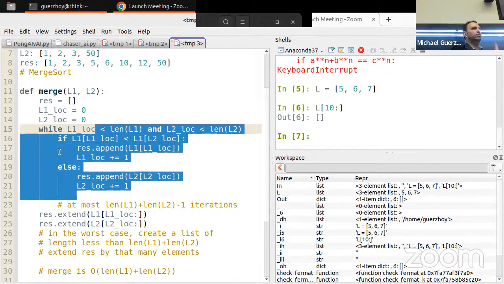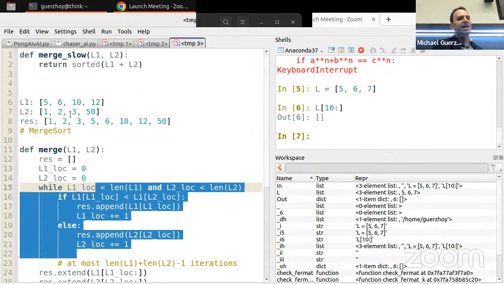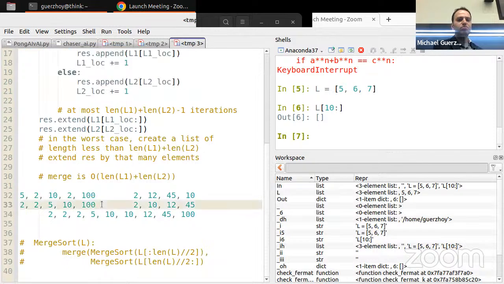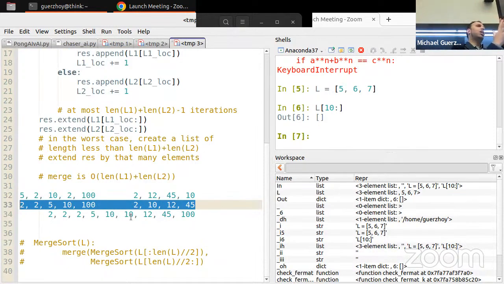So as a whole, this function is proportional to length of L1 plus length of L2. And it makes sense, because what are you doing? You have two lists, which together are the length of the original list, and you're just merging them by going element by element. So how long is it going to take? It's going to take time that's proportional to the total length of the two lists. Make sense?